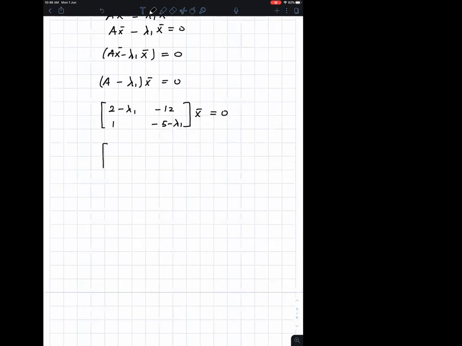So we already know lambda 1 is minus 2. You replace lambda 1 with minus 2. Minus 12, sir? Oh, minus 12, thank you very much.